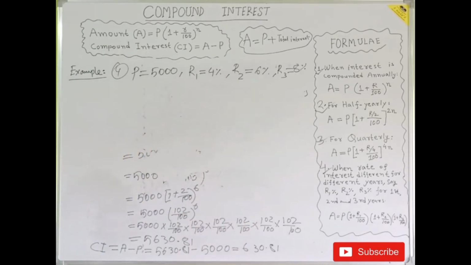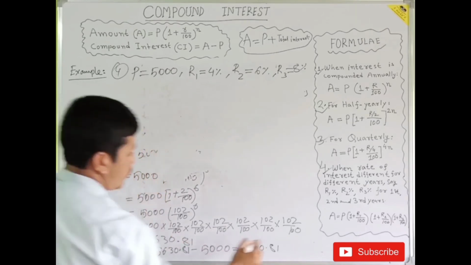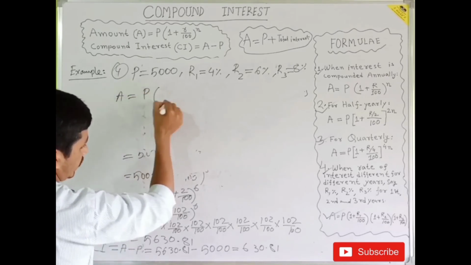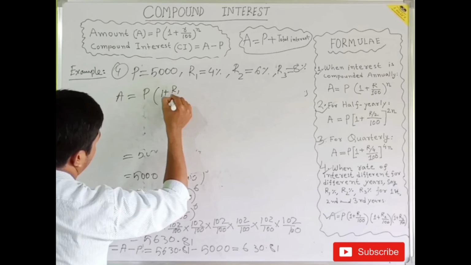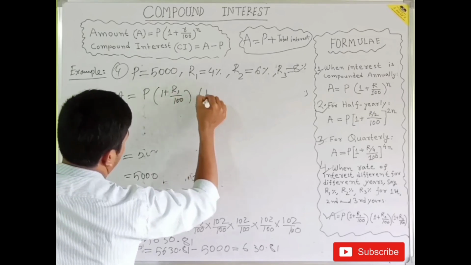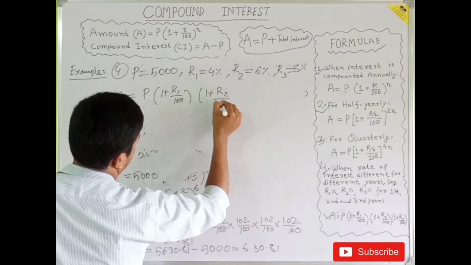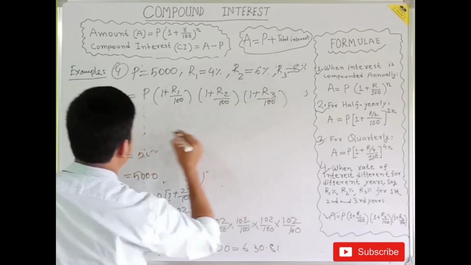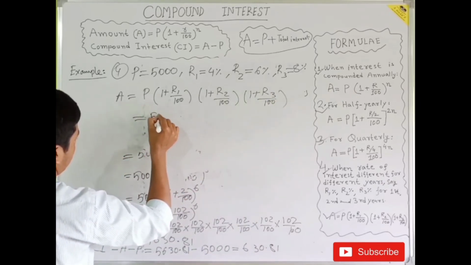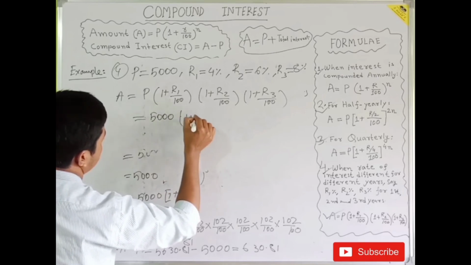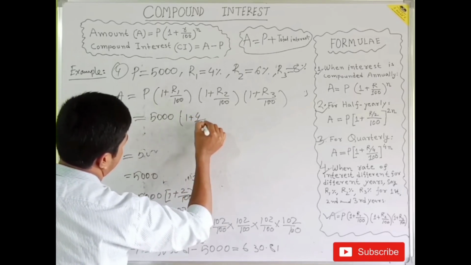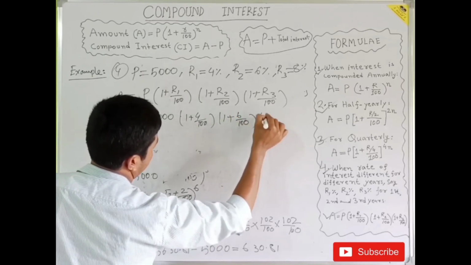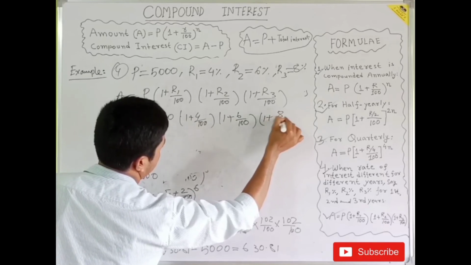How do we calculate compound interest? We need to apply this formula first. Amount is equal to P into 1 plus R1 by 100 into 1 plus R2 by 100 into 1 plus R3 by 100. Now look, principal is 5000, 1 plus R1, 4% by 100, 1 plus R2, 6 by 100, and 1 plus R3, 8% by 100.